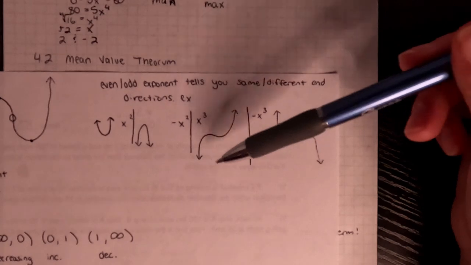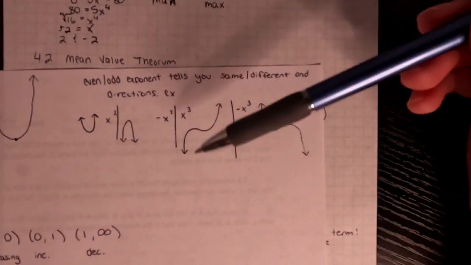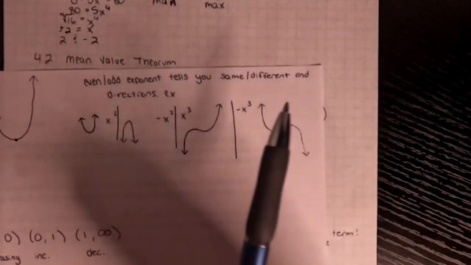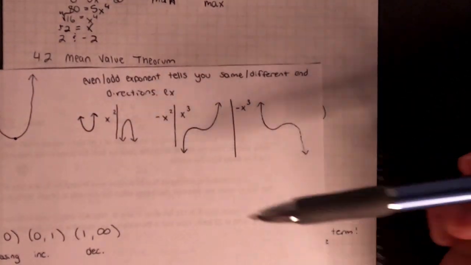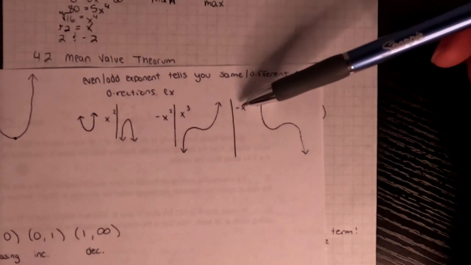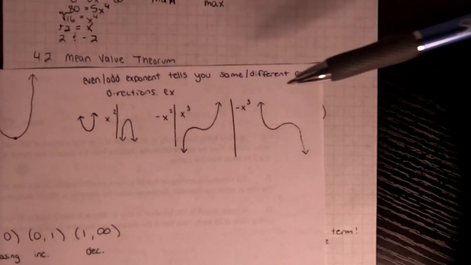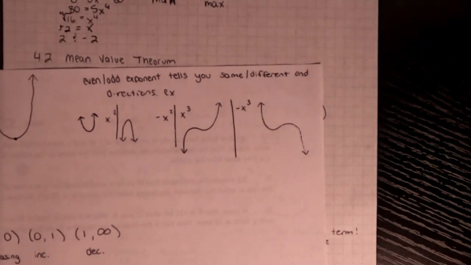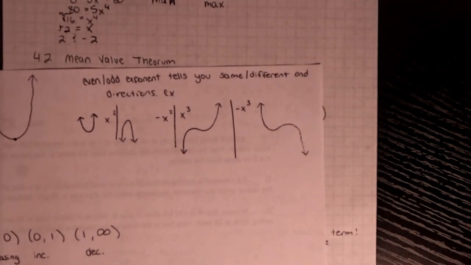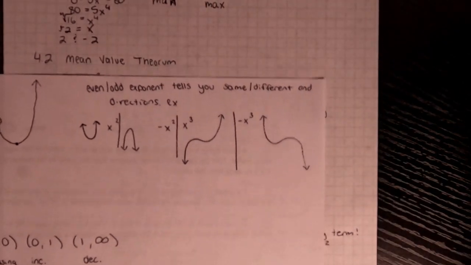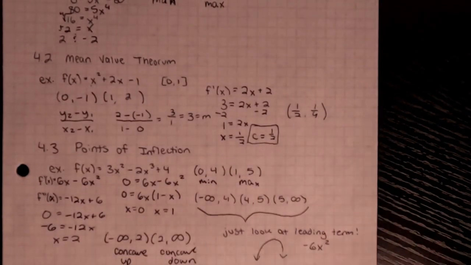And then if you have an odd exponent, your graph's going to look like this, with it going up to the right and down to the left. And then if you have a negative leading term with an odd exponent, it's just going to flip around. So that's how you can tell without really doing any math, if you just memorize that stuff.